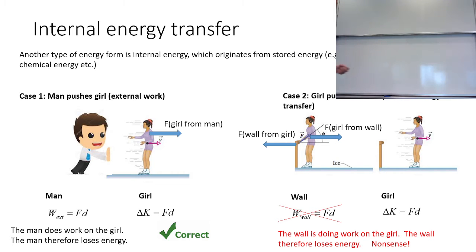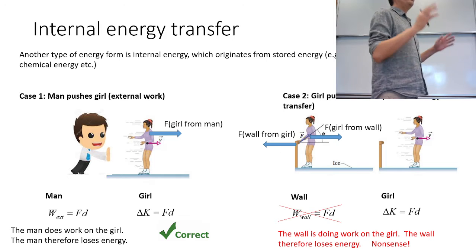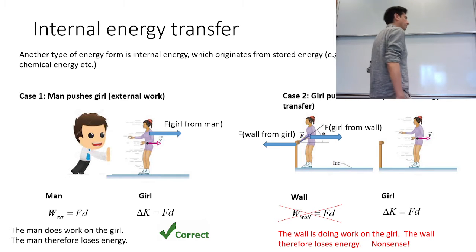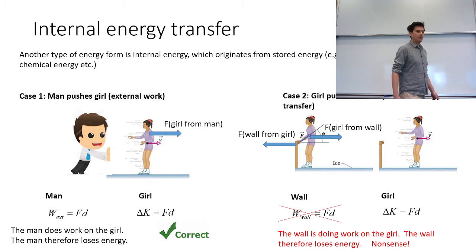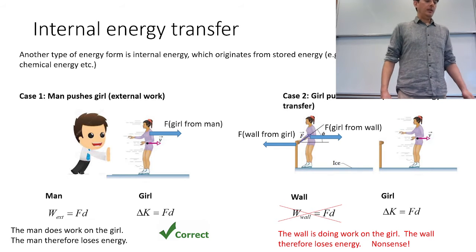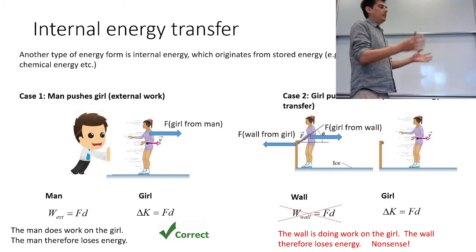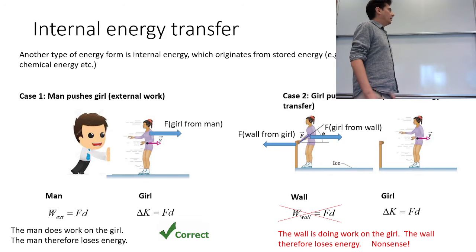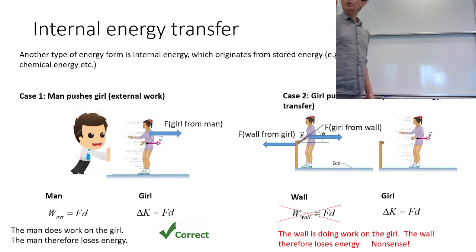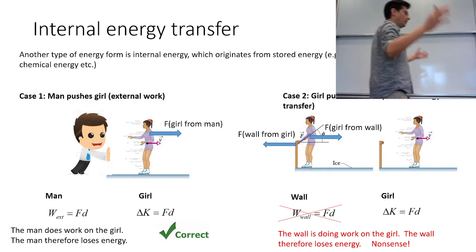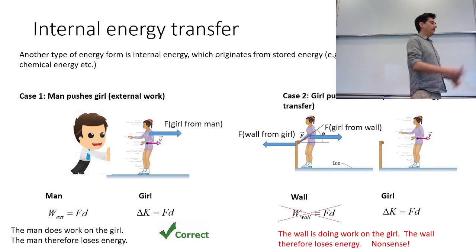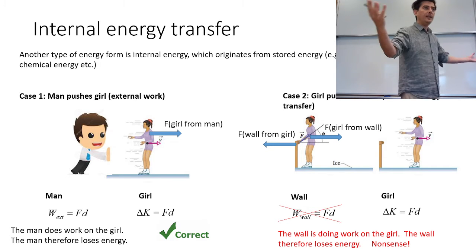So this is the kind of thing we're talking about with internal energy. It doesn't necessarily have to be this biological example. Perhaps that's the most tangible example, but it could be other types of chemical energy, or even nuclear energy. If you have an atomic bomb, then you're converting nuclear energy into, again, kinetic energy.